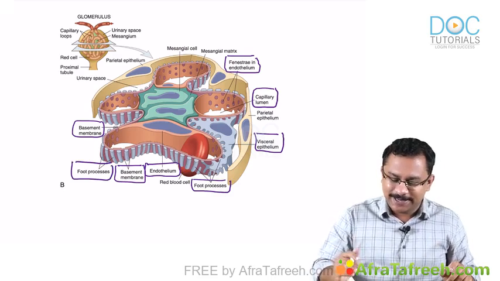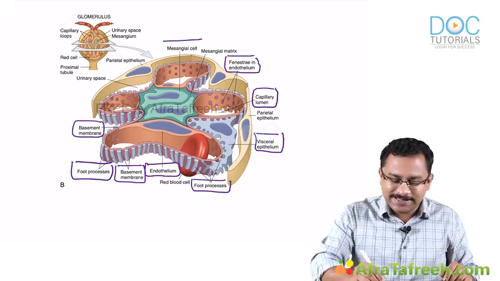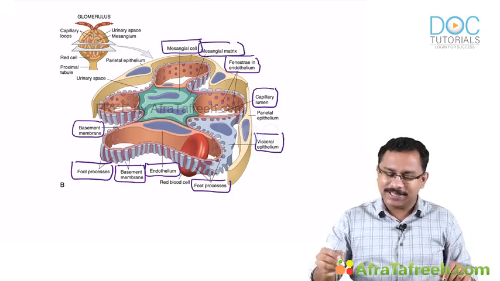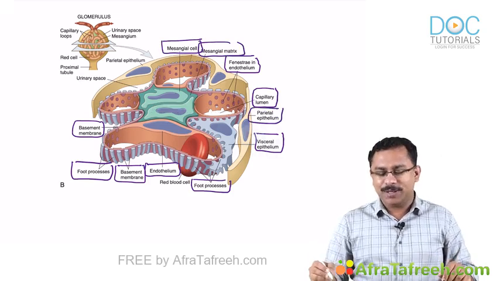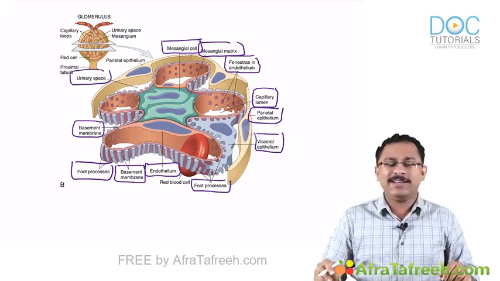You are able to see that, yes. And also you are able to see the mesangial cell as well as the mesangial matrix. Yes, you are able to see them. And also the parietal epithelium of the Bowman's capsule. And this one is the urinary space.